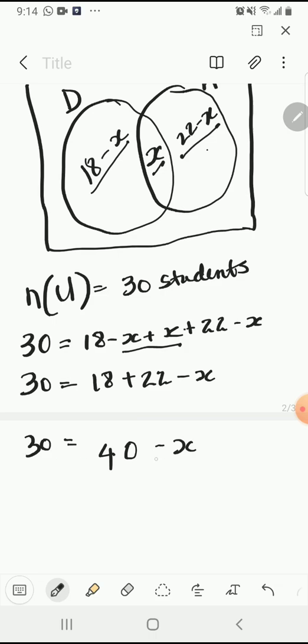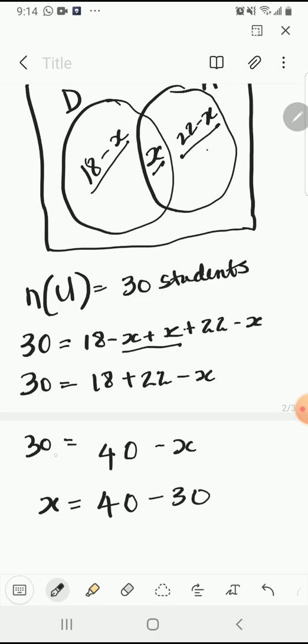So usually we know that if we are going to solve an equation like this, we need to get rid of 40 on the right hand side, so we can have positive x. We want the value of x, positive x. All right. So now in order to do that, we know that x is going to be equal to 40 minus 30.